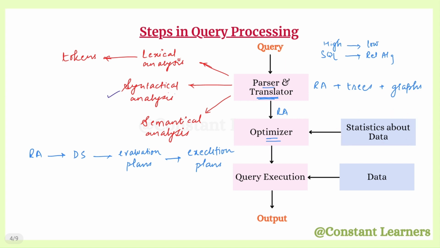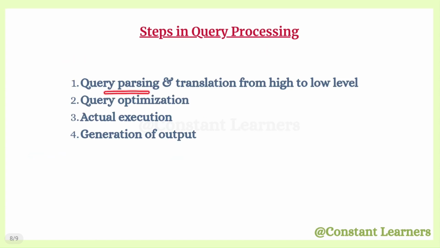Alright. Finally, when the best plan has been chosen, it is informed to the query execution section here, which fetches the data from the database and generates the desired output. So first, the query parsing takes place and it is translated from high level to low level, that is SQL to relational algebra.